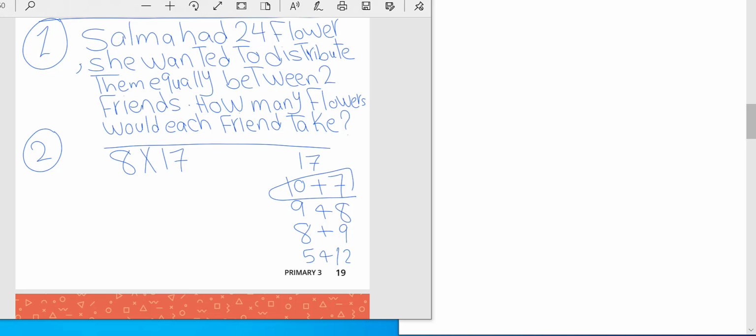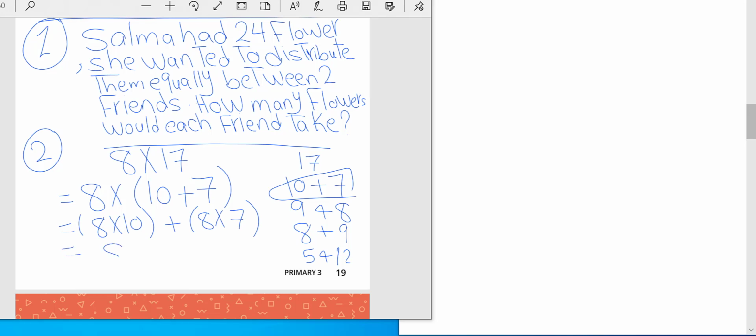So we take 10 plus 7. So 8 times 17 equals 8 times 10 plus 8 times 7. 8 times 10 equals 80, and 8 times 7 equals 56. Now 80 plus 56: 0 plus 6 equals 6, and 8 plus 5 equals 13. So 8 times 17 equals 136.